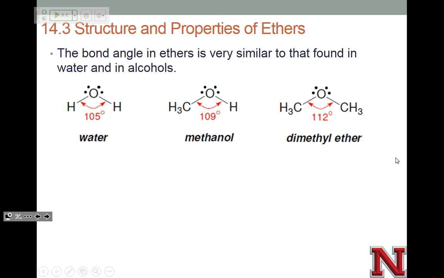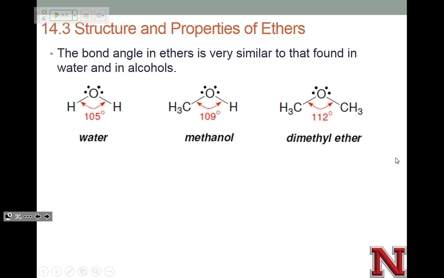Hydrogen's still small, but my CH3 is taking up more room, so it pushes my angle a little bit bigger. Remember, these are bent because alcohol has 2 lone pairs, and the lone pairs take up more space. So the oxygen lone pairs push the 2 single bonded atoms closer together.